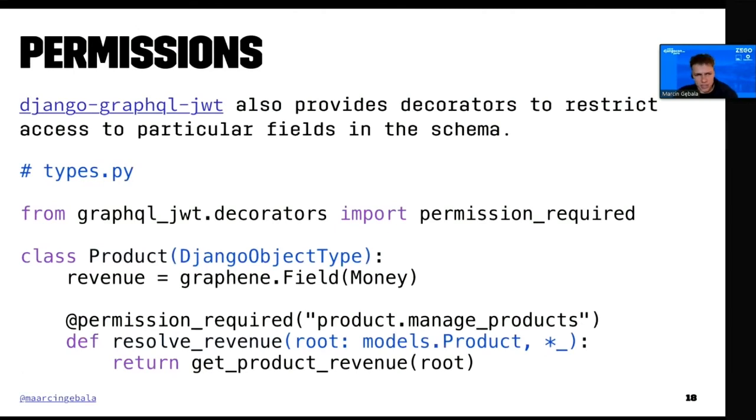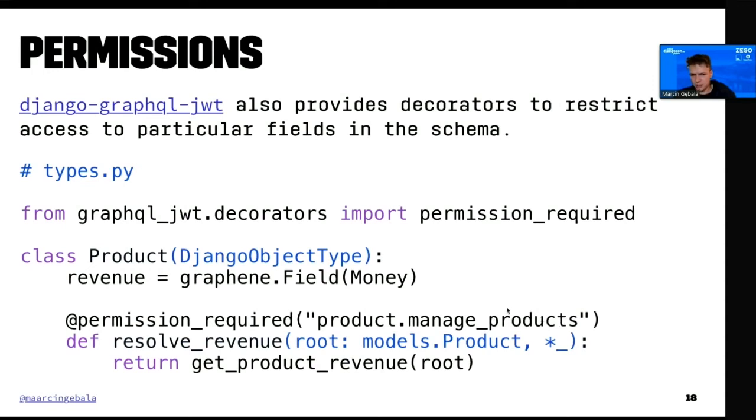We can also use this library to restrict access to particular fields in our API. So let's look at this example. We have, again, our product type, but in this case, we also have a revenue field. This field should be restricted only to admin users with a specific permission. In this case, it's the manage products permission.